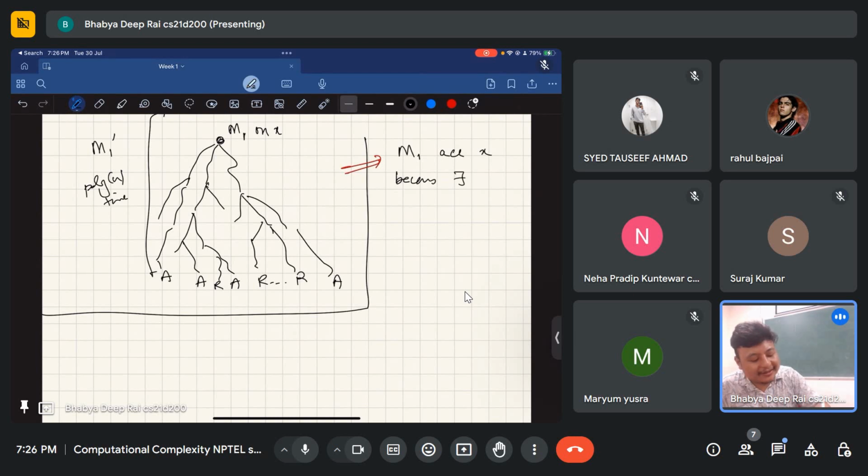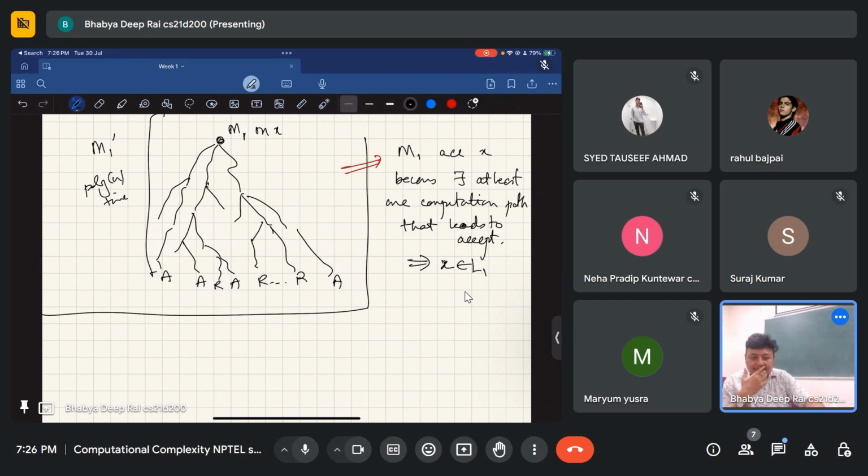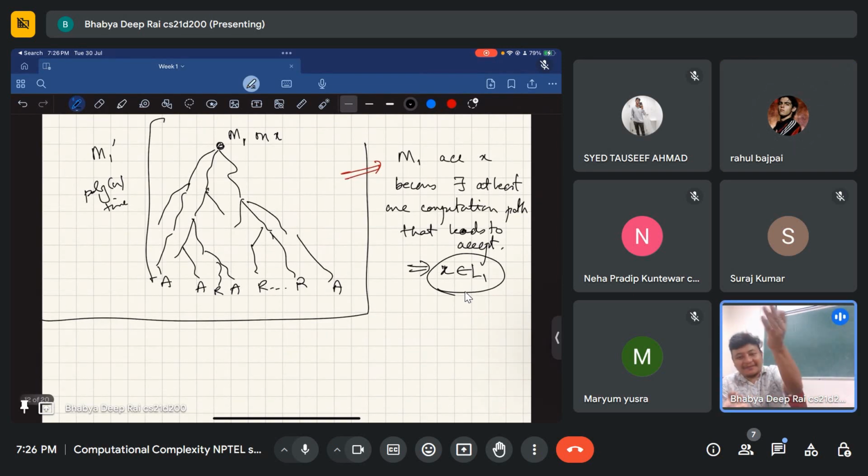Because there exists at least one computation path that leads to accept. So M1 will clearly accept. If M1 accepts and M1 decides L1, it means that X belongs to the language L1. Or the other way around: if X belongs to L1, then M1 will have at least one accepting path.